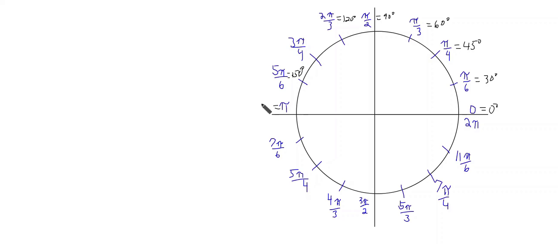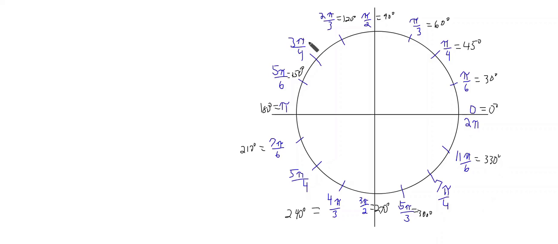This is 180. This is 210. It's much easier if I count by 30s the entire time. This is 240. This is 270. This is 300. This is 330. Okay, let's go ahead and fill in the rest.